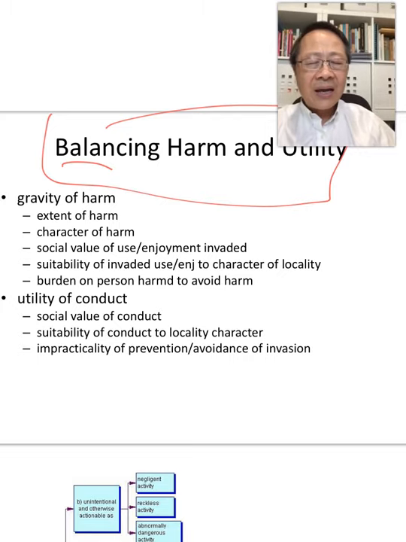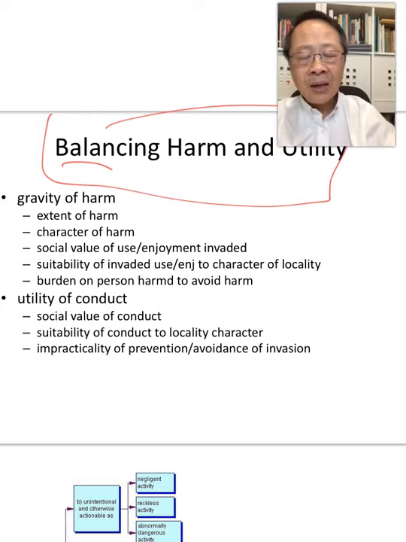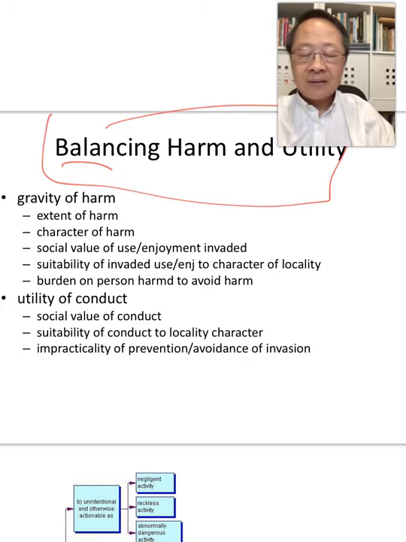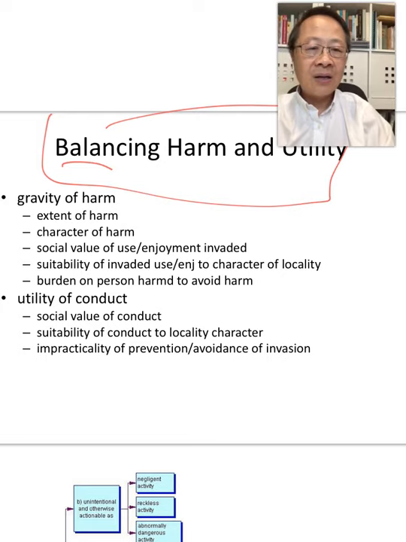But I would say oftentimes judges would certainly view living on a piece of property, using it for a residential home would be highly significant as an important social value. But other values on the other side might be, if you have a factory that employs a lot of people, pays significant taxes, creates a lot of jobs, has a significant positive economic impact, that of course weighs then on the utility of the conduct that causes the nuisance.